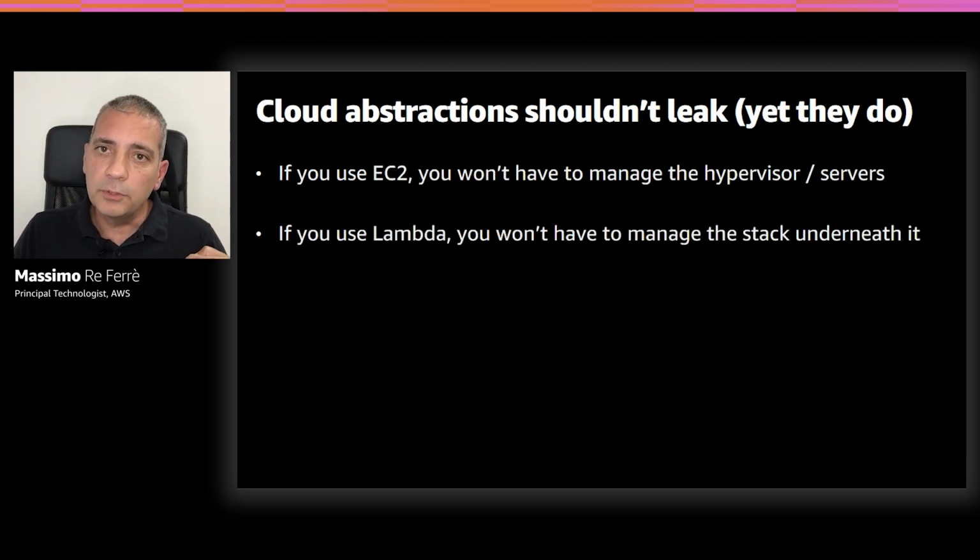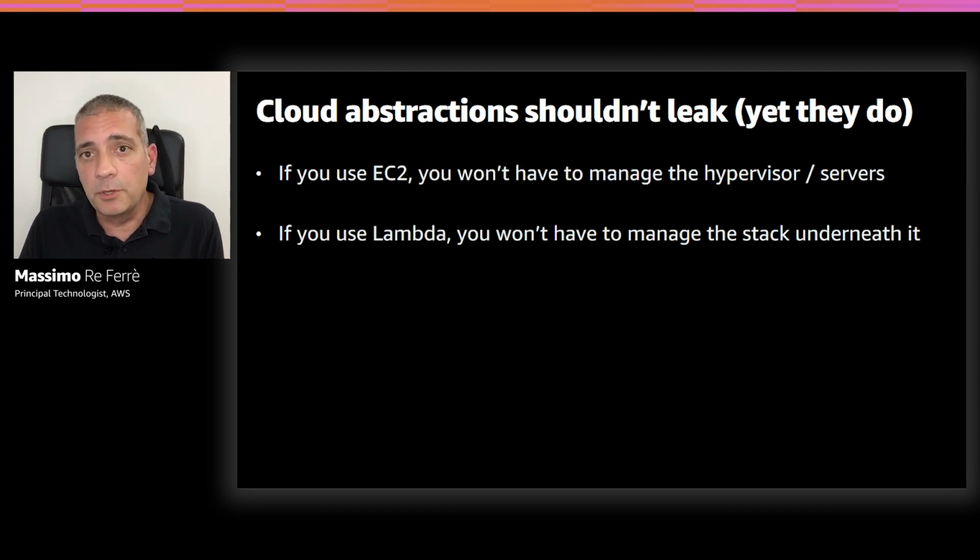Similarly, if you want to trigger a Lambda function, you're not asked to monitor and to have full visibility and manageability of the stack that is underneath your Lambda function. Usually, when you run a Lambda function, you take your piece of code that you want to run, you throw it into the Lambda service, and the Lambda service will take care of everything.